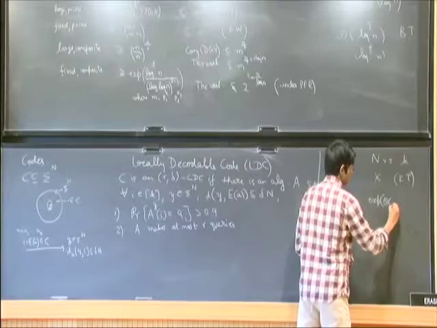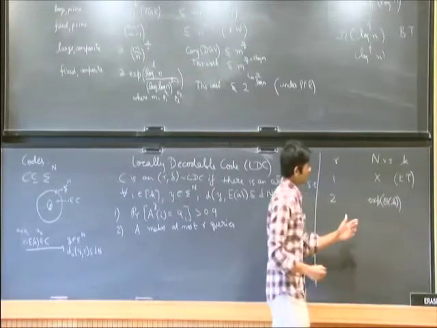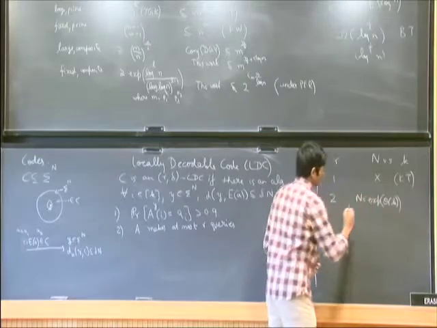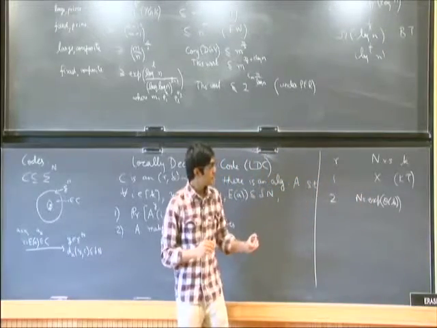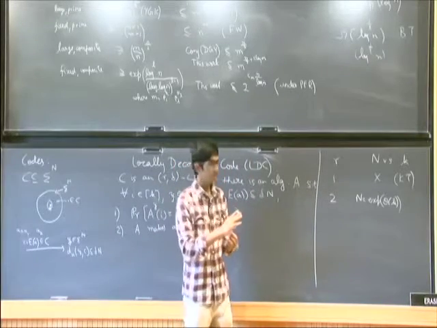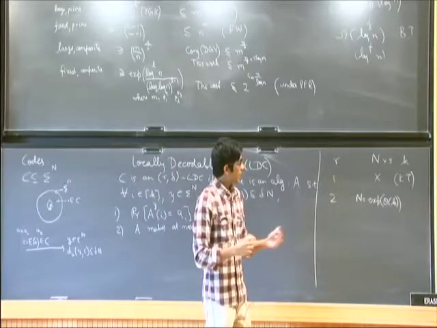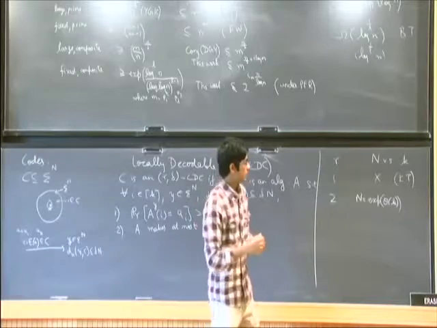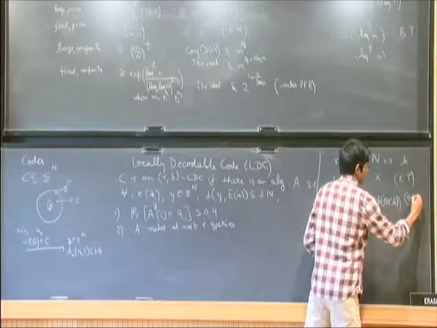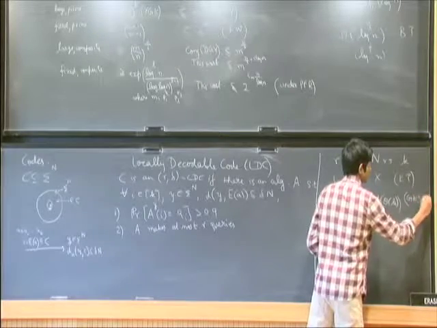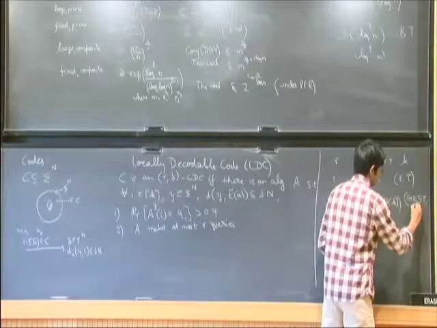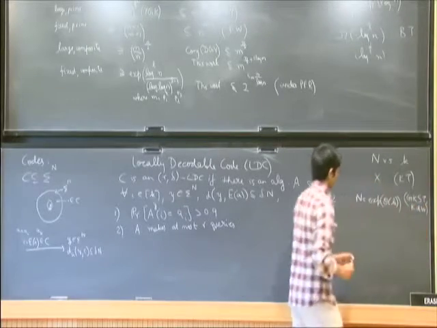You know that N is exp of theta K. That is, there is a simple construction which gives you an exponential stretch, which is the Hadamard code, and the lower bound was proved by Goldreich, Karloff, Schulman, Trevisan for the linear case, and for the general case by Kerenidis and de Wolf.